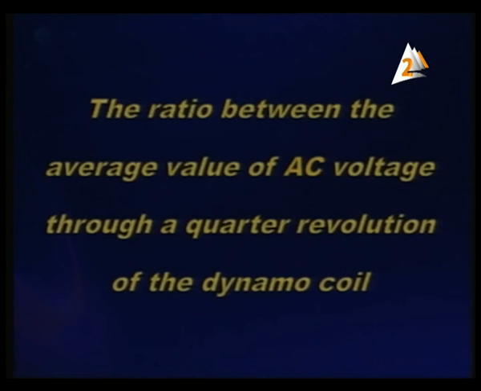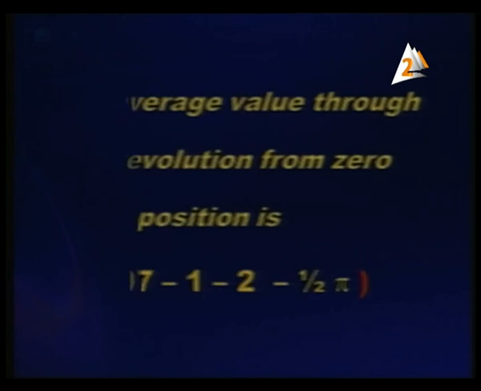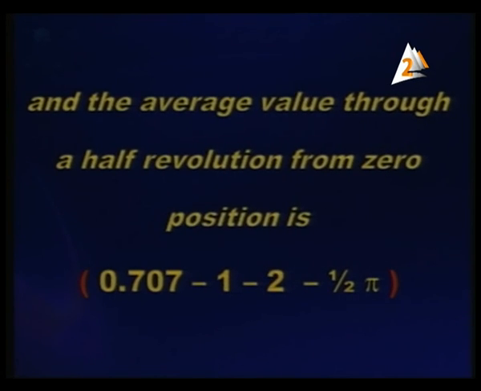The ratio between the average value of an AC voltage through a quarter of a cycle in the dynamo and through a half cycle, is it 0.707, 1, 2, or pi over 2? Actually, the average during a quarter of a cycle is the same as the average during a half cycle.